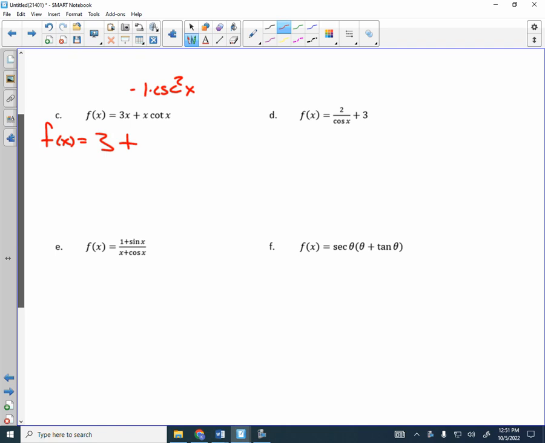I ask myself, how do people not see that that's the product rule? We have x times cotangent of x. Before, when we wrote square root of x plus 1, and we took that times, say, x squared minus 3x plus 1, we did the product rule because you had a function with a variable times another function with a variable, right? Well, this is x times cotangent of x. So sometimes people do not recognize that.